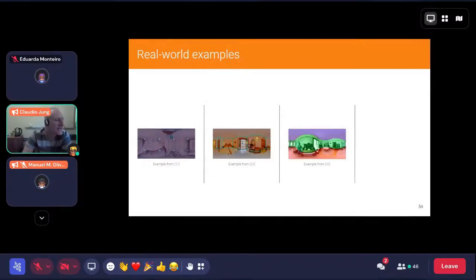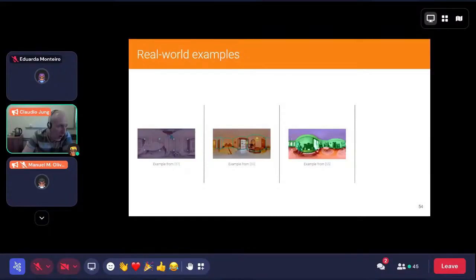This is another example of layout estimation in which you explicitly define the region that relates to the ceiling, to the ground plane, and to the walls.